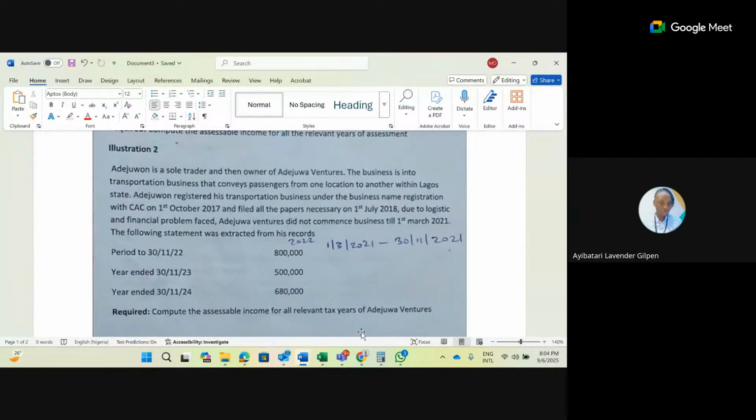Due to logistic and financial problems faced, Adejuwa Ventures did not commence business till 1st of March 2021. The following statement was extracted from his records. Required, compute the assessable income for all relevant tax years of Adejuwa Ventures.